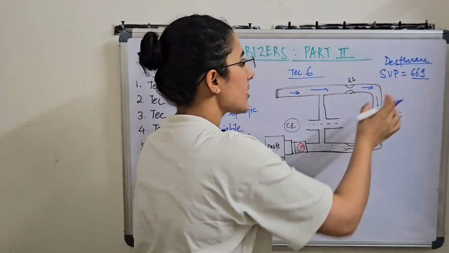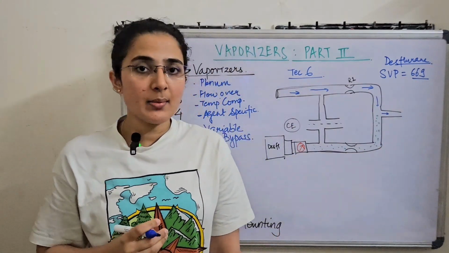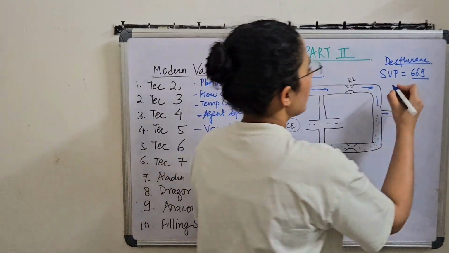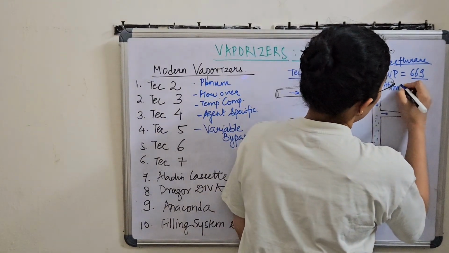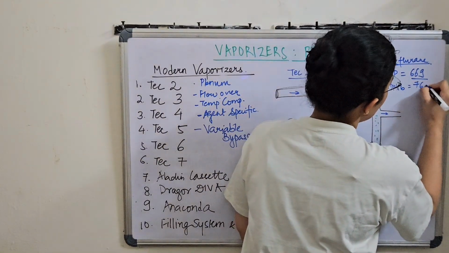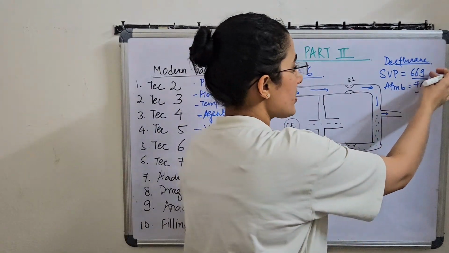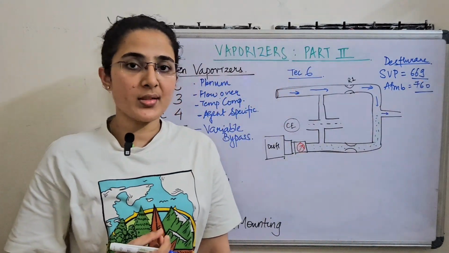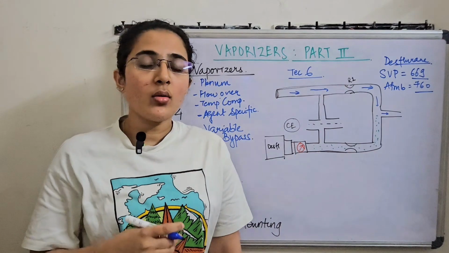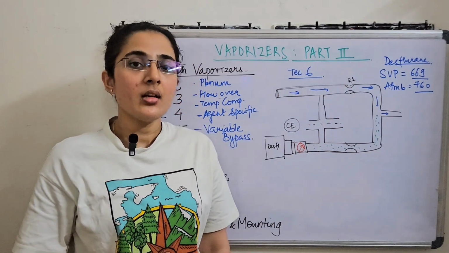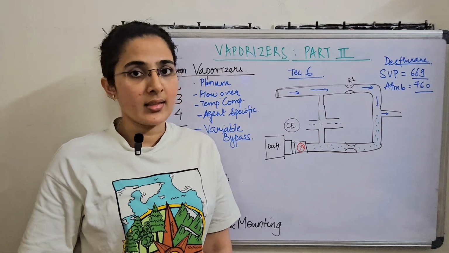So if it has such a high saturated vapor pressure, what is our normal atmospheric pressure? Our normal atmospheric or barometric pressure is 760. So it is very close to atmospheric pressure. When the saturated vapor pressure becomes very close to this, the agent starts boiling.